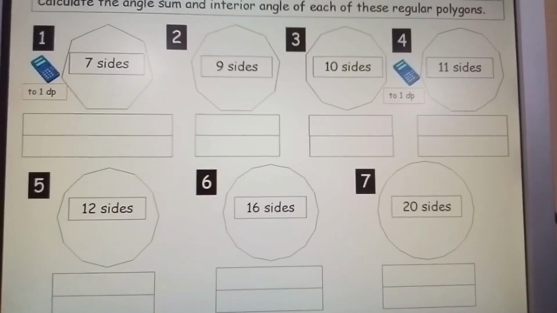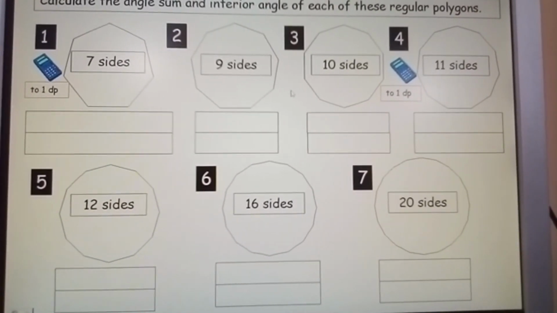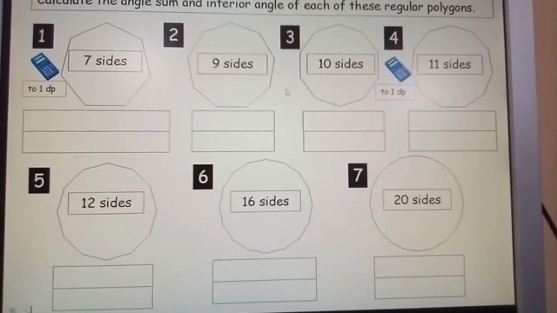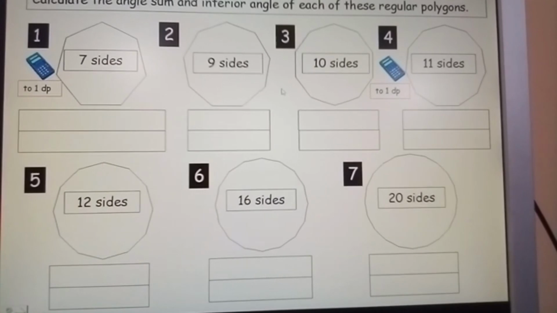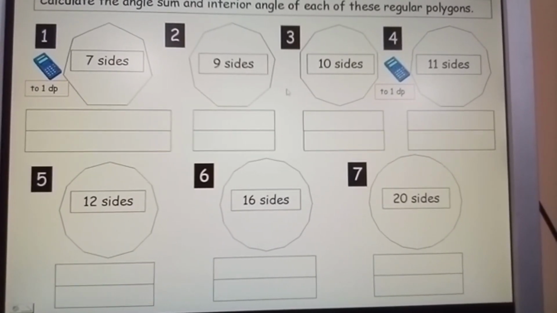And get this done for yourselves, okay? Have a go for yourselves now. So I'm going to leave it there for a minute while you have a go for yourselves, look at it, before I put in any answers.